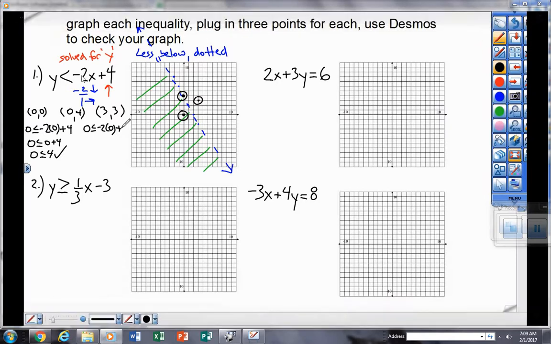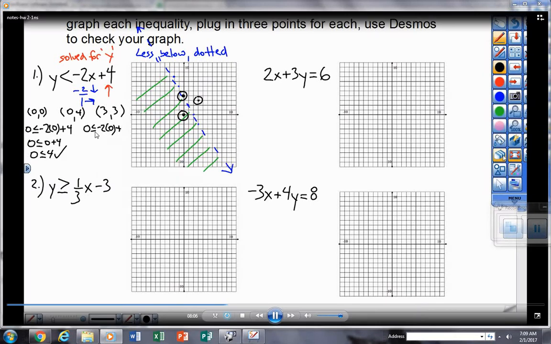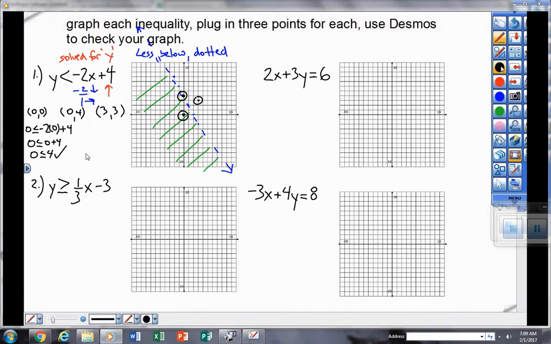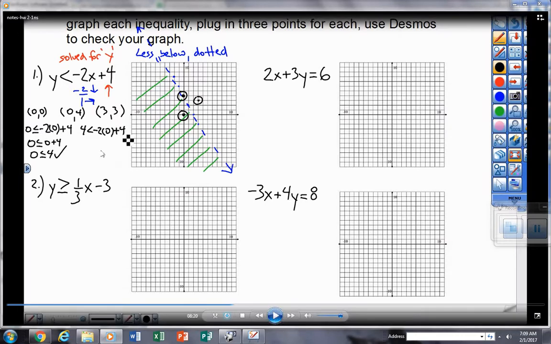Now I'm going to erase that because I plugged in the numbers in the wrong place. And I'm not sure why I'm putting that equal line under there. Don't do that. Don't do magic like I'm doing there. So that will give me 4 for y. There we go. Less than -2 times 0 plus 4. And it looks like I fixed that up. So now I have my right proper inequality.